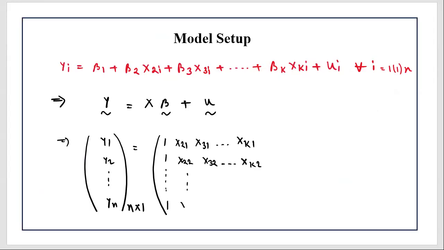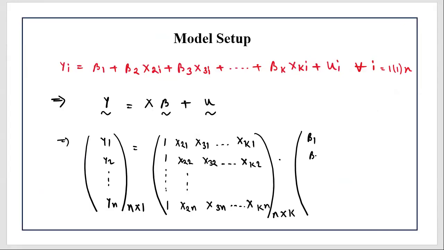And here we have all the way up to x2n, x3n, and all the way up to xkn. This is the design matrix, the matrix of all the values of the explanatory variables, which has a dimension of n cross k.